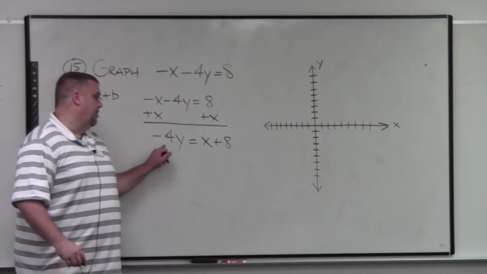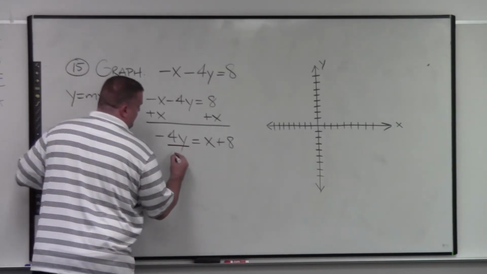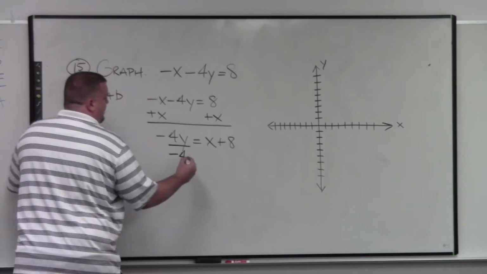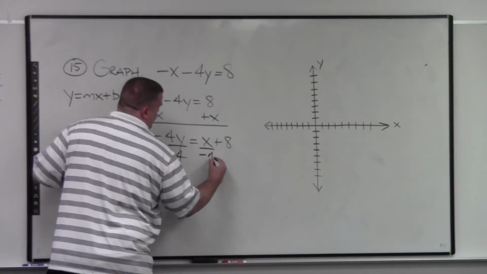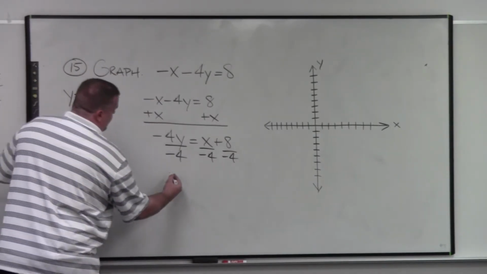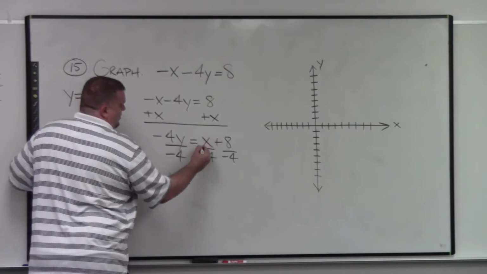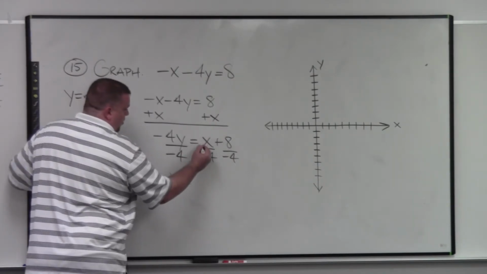Then how could I approach the problem? What would I need to do to get y by itself? Let's divide both sides by negative 4, which means dividing all pieces by negative 4. So we have y equals, what's the number in front of x assumed to be here? 1.